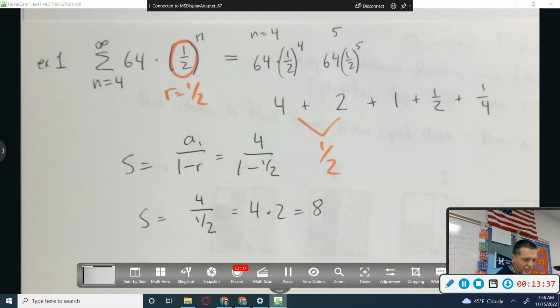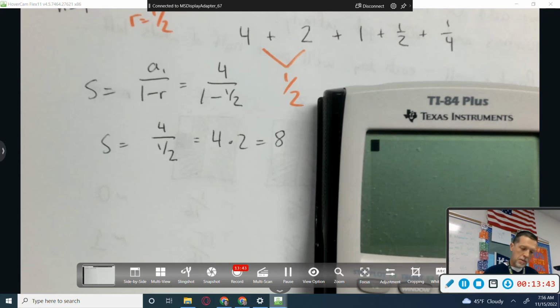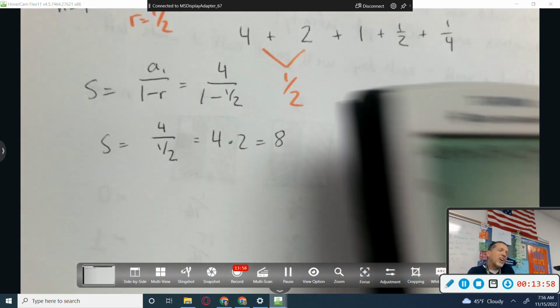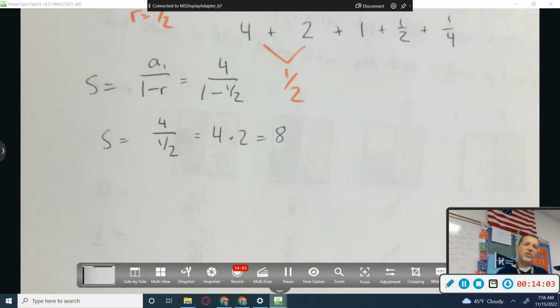Now you could get close, and you could get close enough to know you're getting it right. 4 plus 2 plus 1 plus 0.5 plus 0.25 plus 1/8. That's not all of them, but I'm getting close to 8. Oh, okay. So there's no way to check the answer. And I mean, you can kind of check it, but you can't check it for sure.